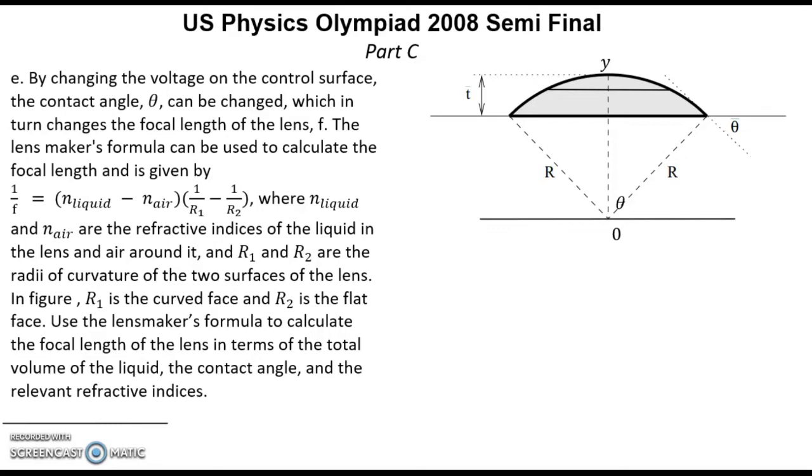The lens maker's formula can be used to calculate the focal length and is given by the formula 1 over f equals n liquid minus n air multiplied by 1 over r1 minus 1 over r2, where n liquid and n air are the refractive indices of the liquid in the lens and the air around it, and r1 and r2 are the radii of curvature of the two surfaces of the lens.